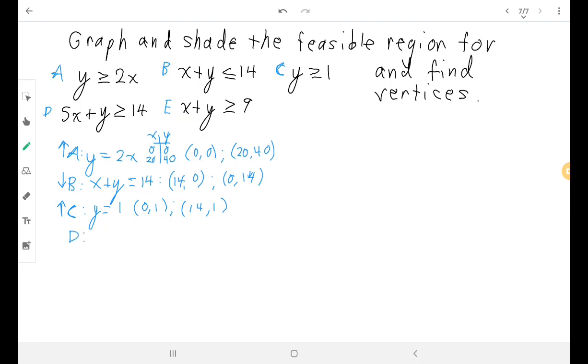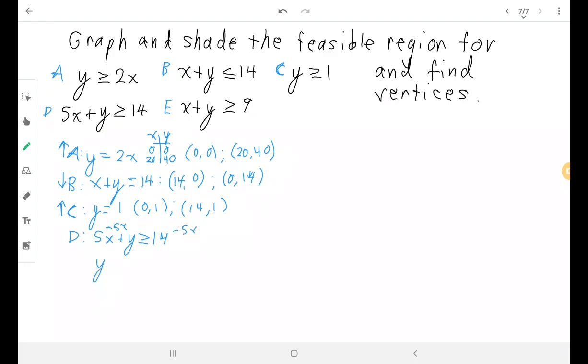For D, there's a little more work to be done, right? 5x plus y, let's call it equals 14. And what I'm going to do here is solve it. Instead of equals to start with, let's have it as greater than or equal to 14. And we'll solve it for y, which will just be subtract 5x from both sides.